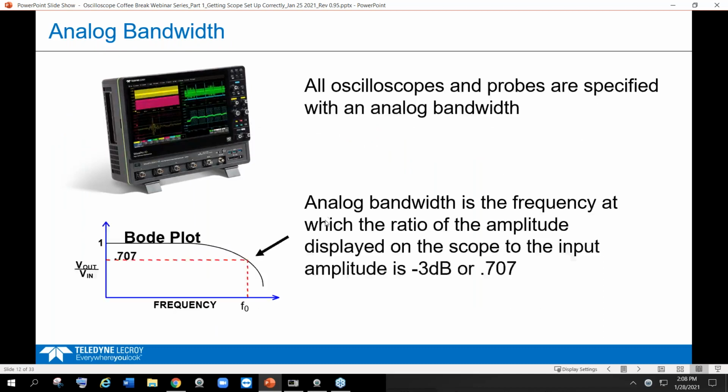So on analog bandwidth, we know that if we look at the amplitude of a signal that we're acquiring through the front end BNC, and as we look at the frequency response of that amplifier, and this is true of all scopes, if you put 1 volt in at DC, you'll get 1 volt displayed. But as that signal frequency increases, we know that there is a roll-off and there is a filter, and that has some performance.